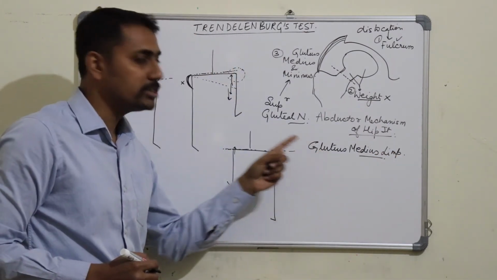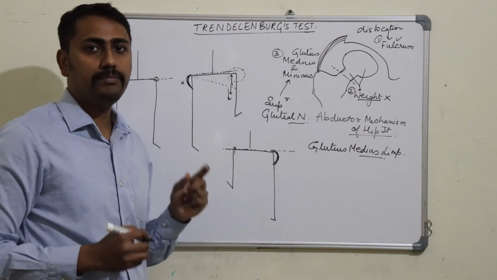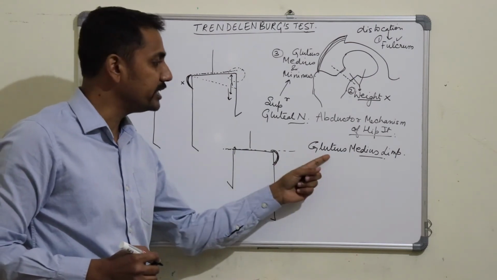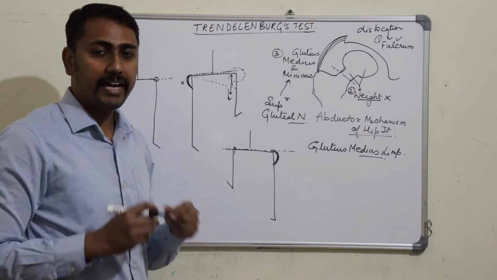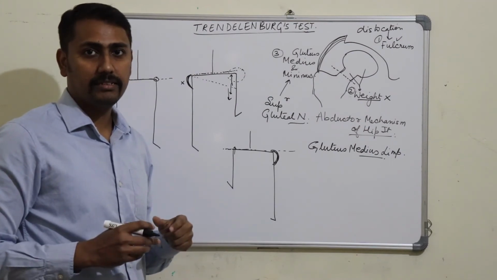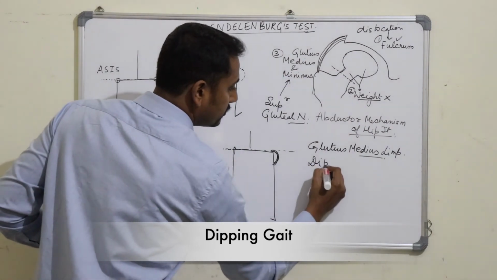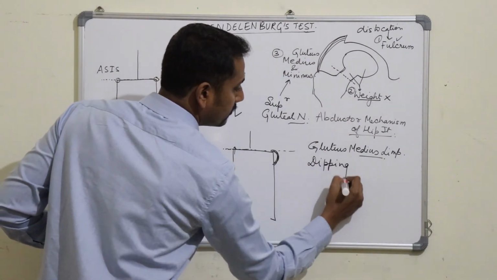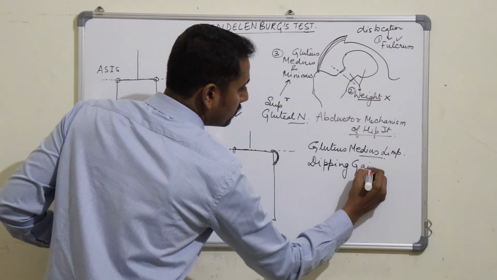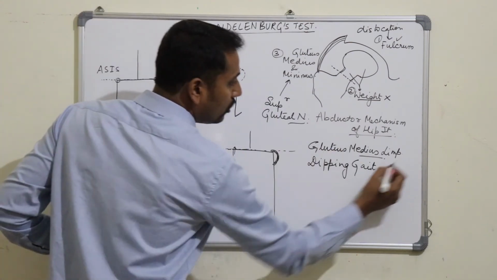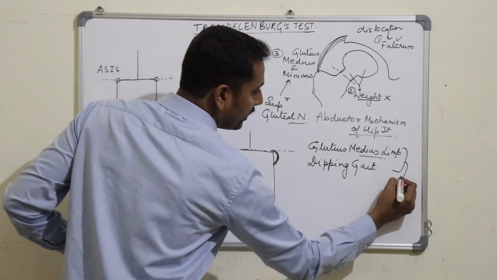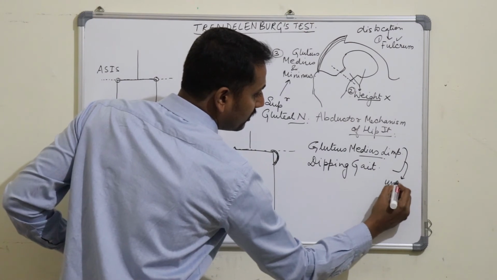So the limp caused by the paralysis of the gluteus medius muscle is known as gluteus medius limp, and the gait of such a person is known as dipping gait. So these both conditions occur in unilateral injury to the gluteus medius muscle.